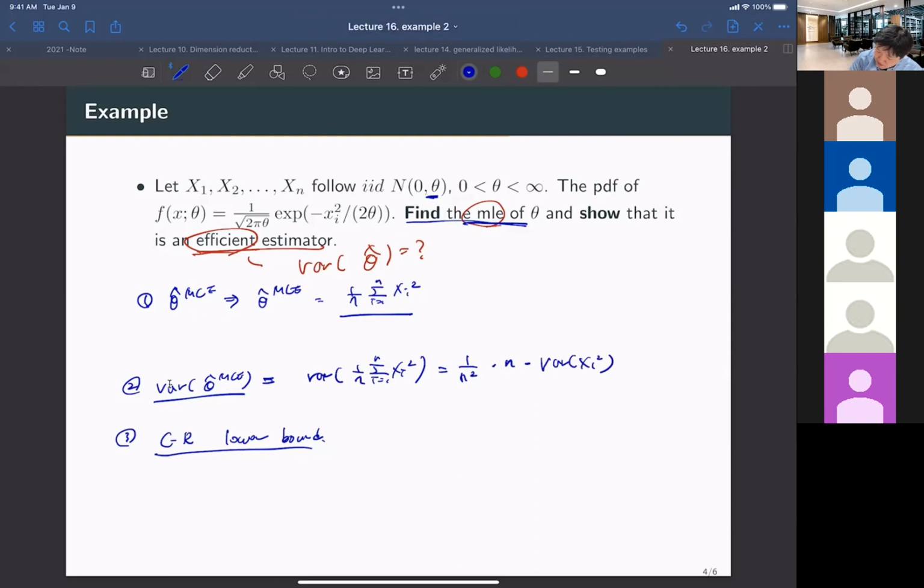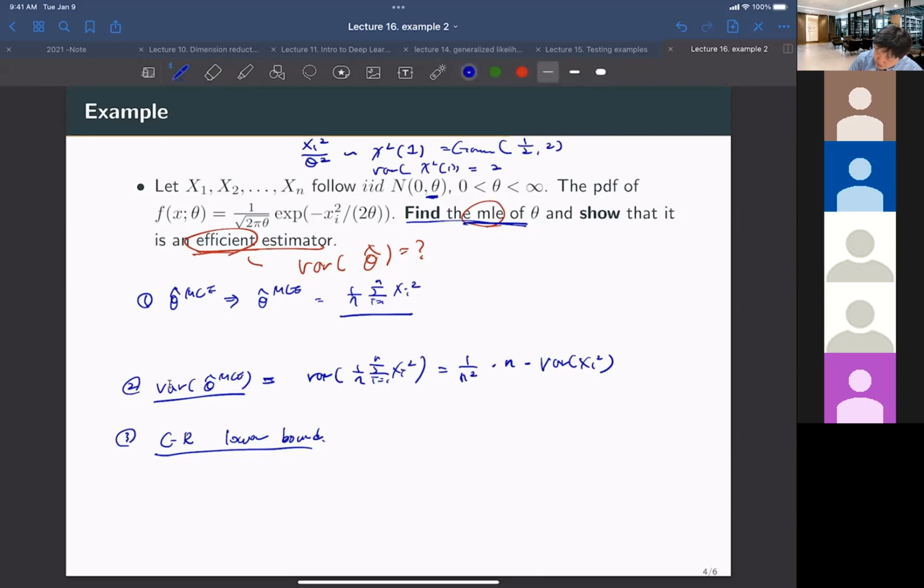If x1 squared over theta is chi square with 1 degree of freedom, which is gamma with alpha 1/2, the variance of chi square 1 is alpha beta squared, so 2.